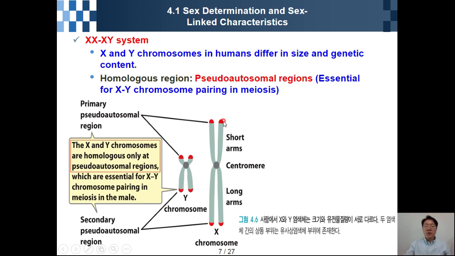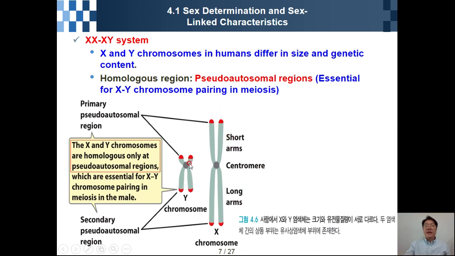Okay, so we will learn the XX, XY system once again. This is the X chromosome. The X chromosome is usually larger than the Y chromosome.